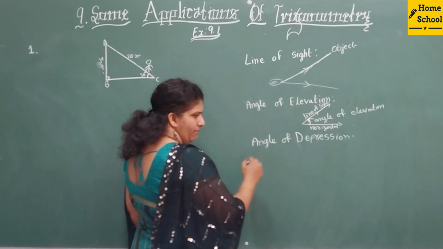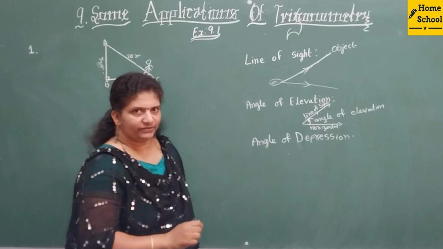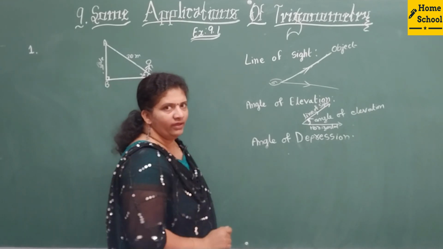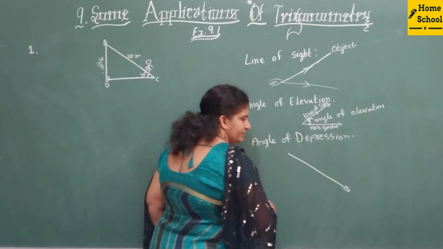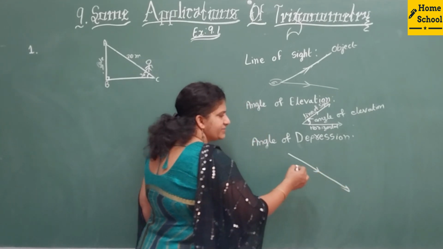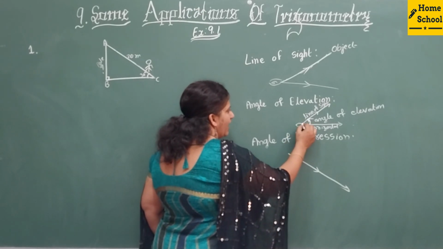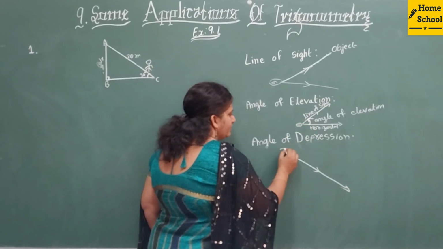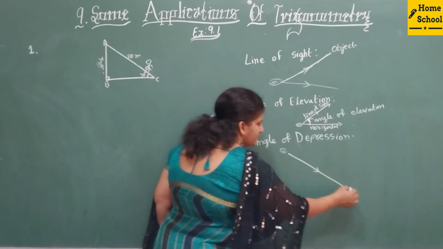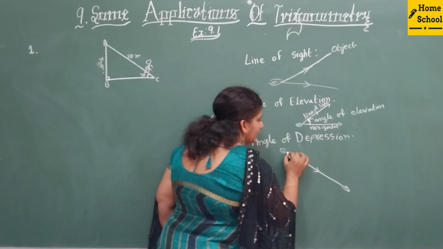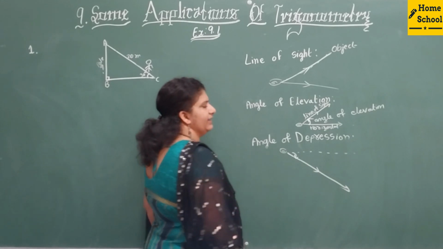In the same manner, suppose you are on top of a building. You are observing something downward. So the line of sight is drawn downwards, and you can imagine your eye here. When you observe something, you should make a horizontal line to create an angle.